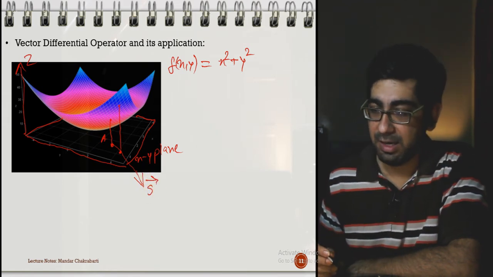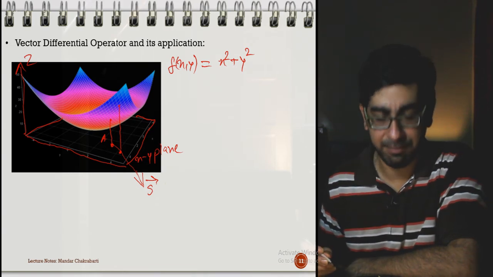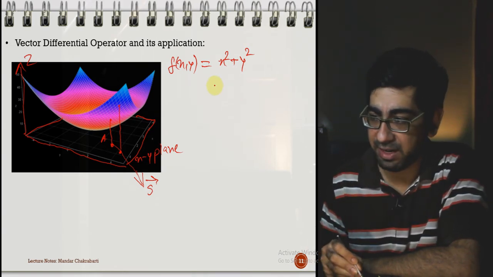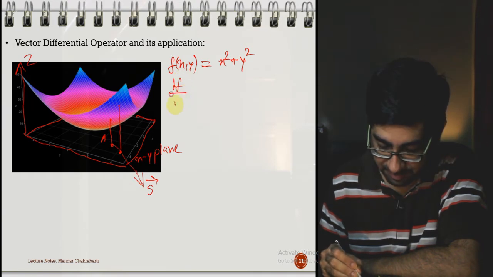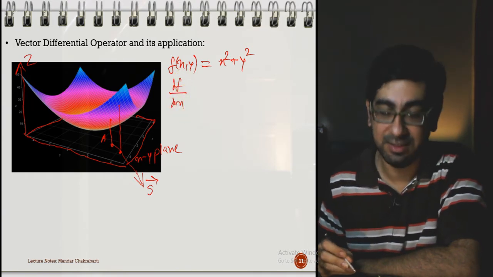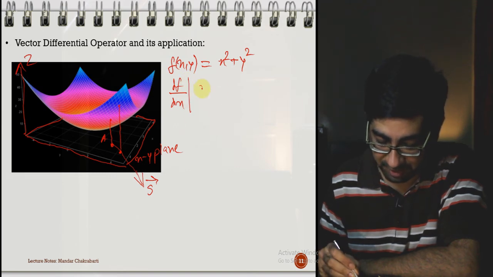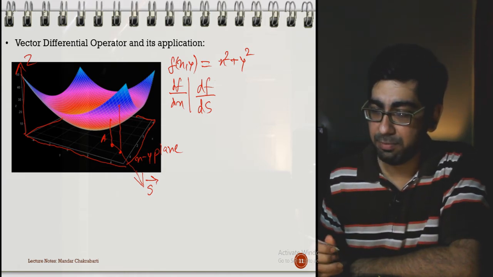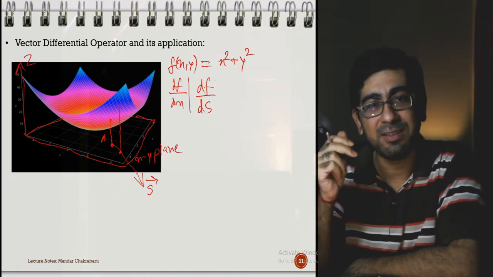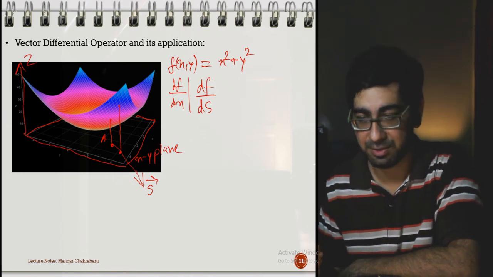Earlier we were finding out df/dx. This time what we are actually trying to calculate is df/ds. Alright, so I'm going to split this into two parts.